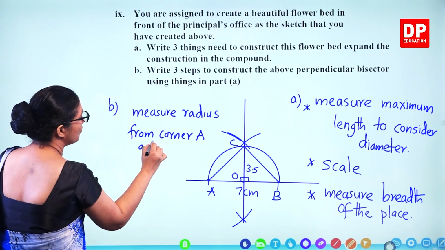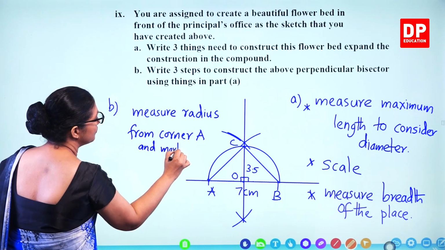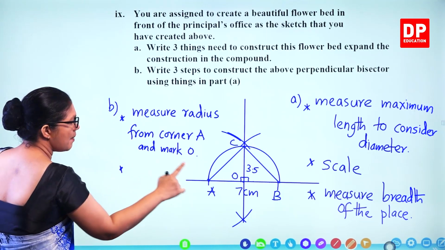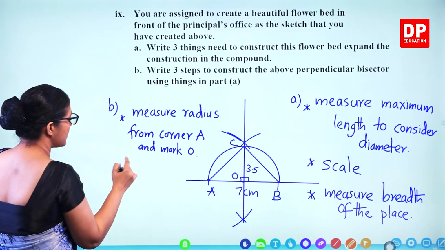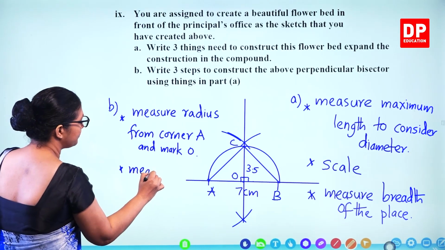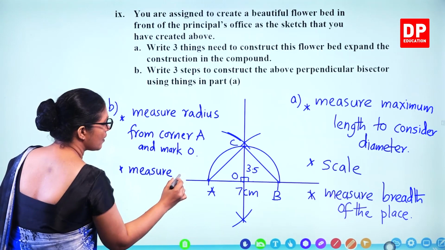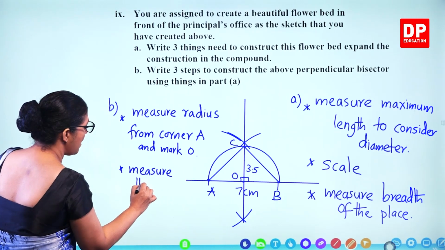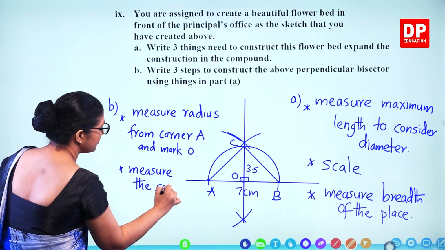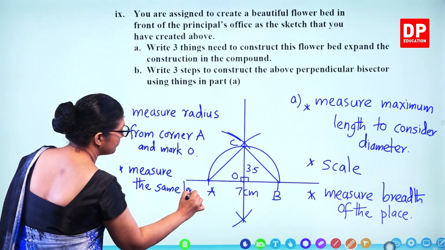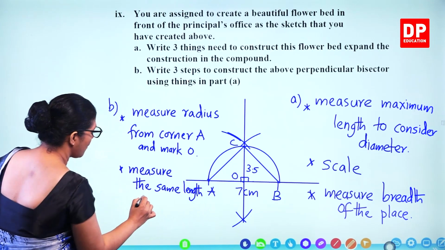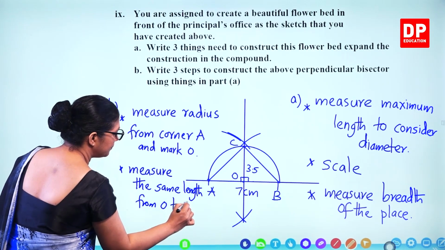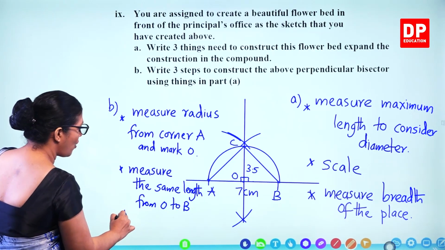And mark O. Then again you can measure the same length from O to the other side. Measure another same radius, the same length from O to B. So you can mark the B point.